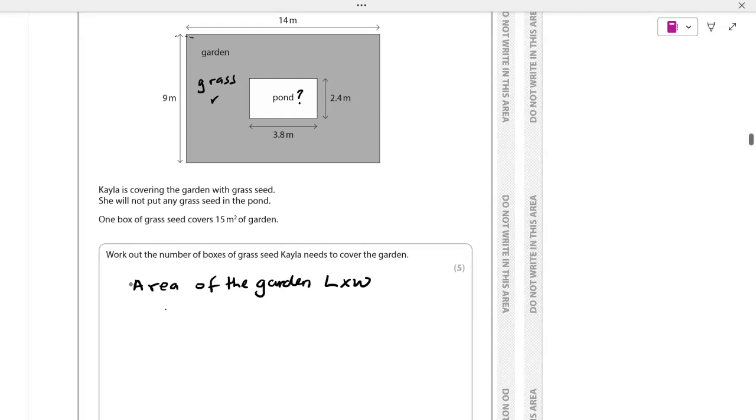The length is 14 times 9. Put this in the calculator. 14 times 9 is 126 square meters.